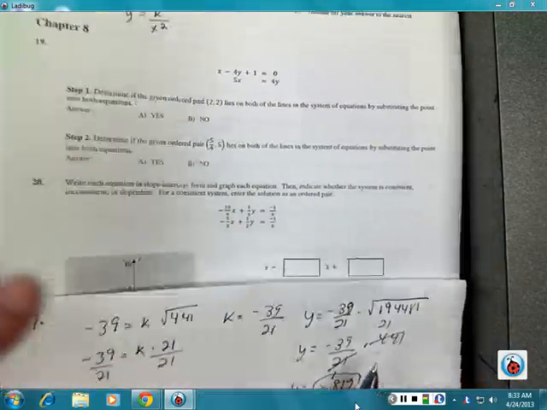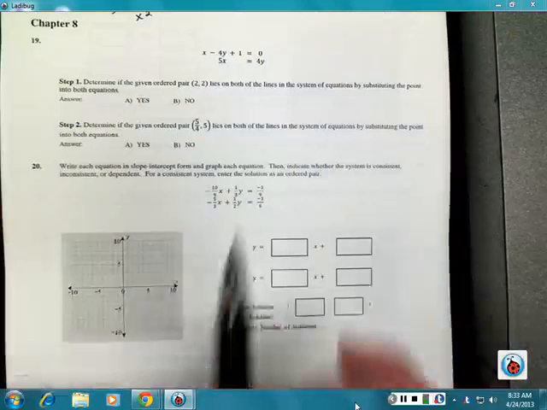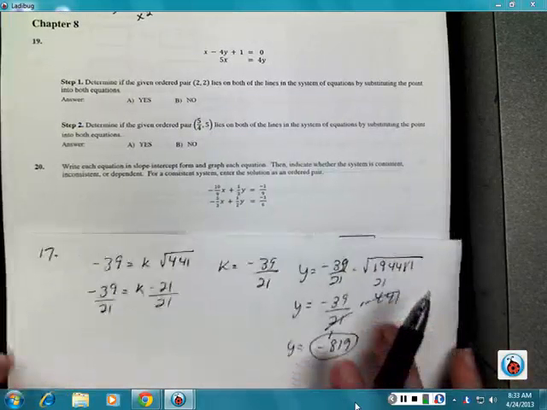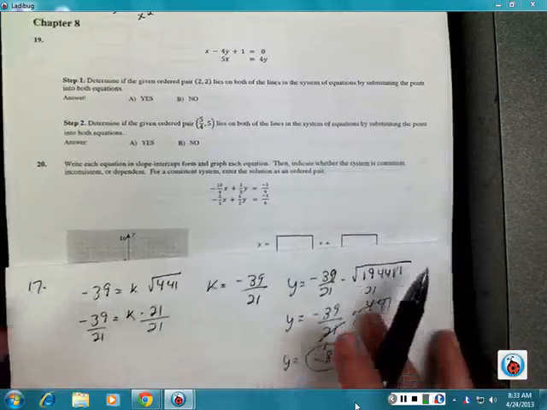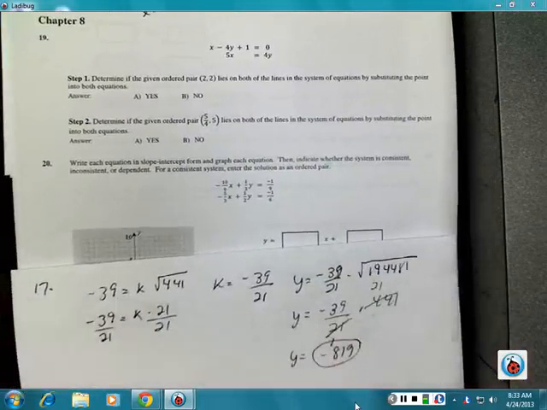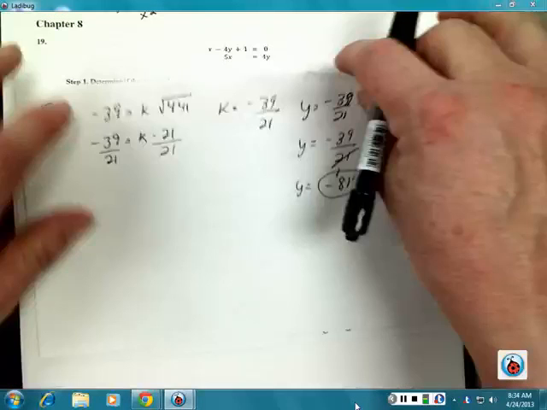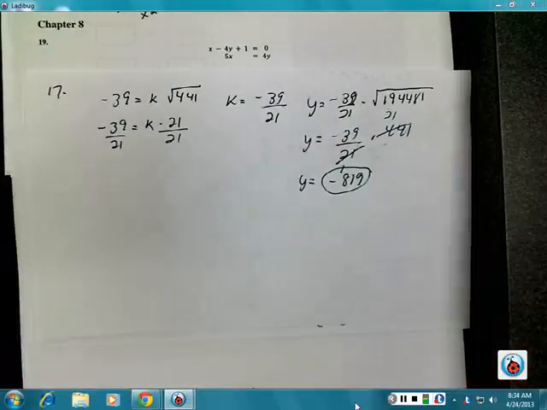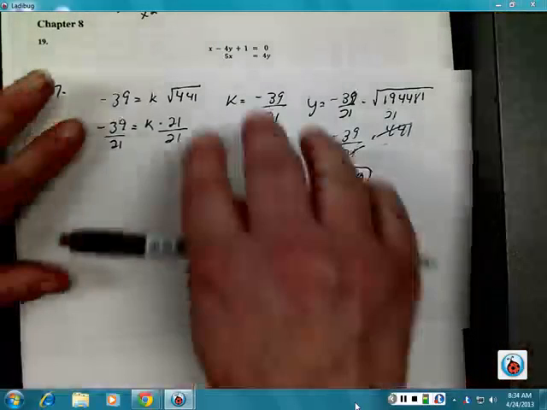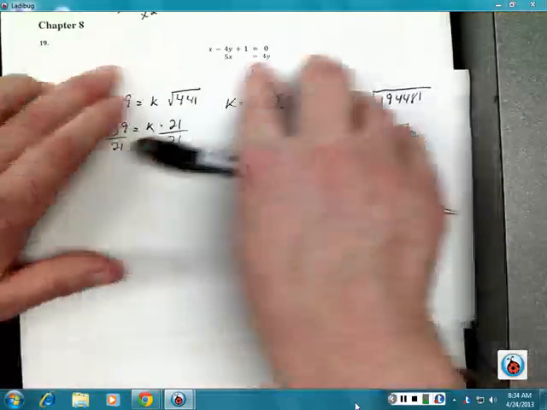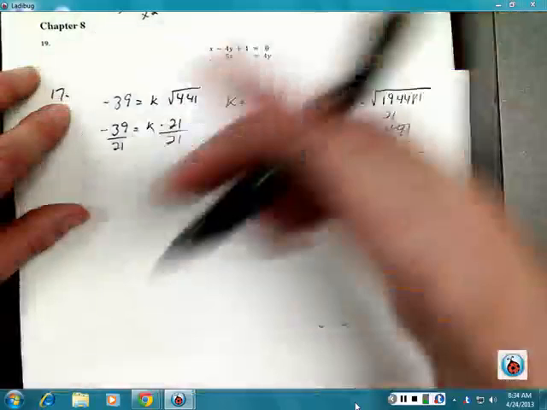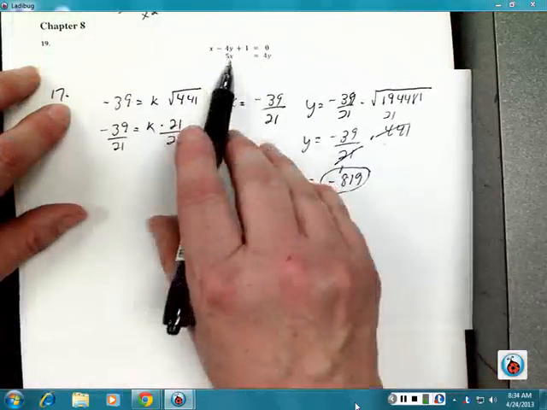Okay, chapter 8. In chapter 8 we were dealing with systems of equations. And so if we were given something on this order as your problem, what you would end up doing to solve it, if that's all you had, and that's what you're going to get on your exam, you're only going to have the problem, not all the extra wording that goes with it, is we would get one of these letters by itself.